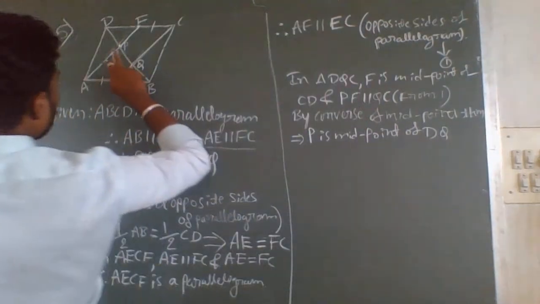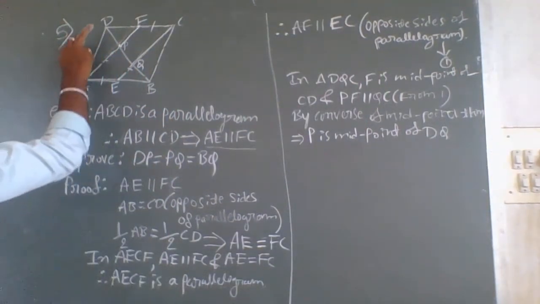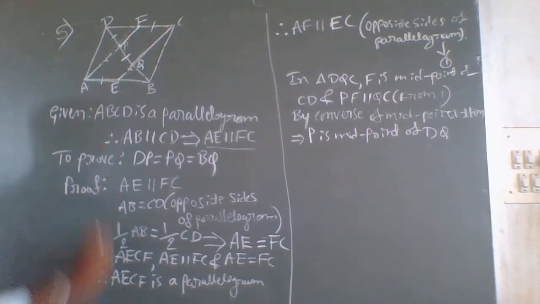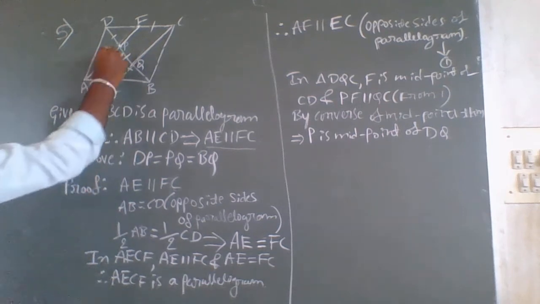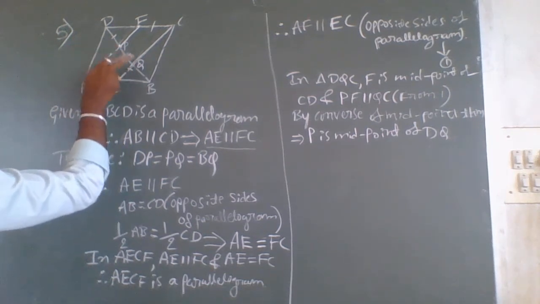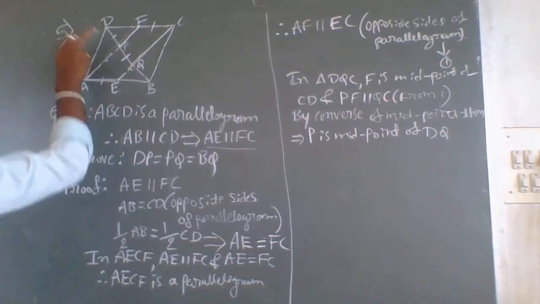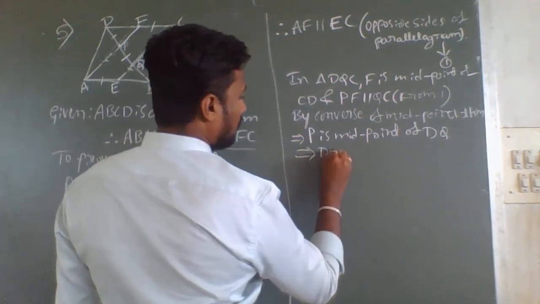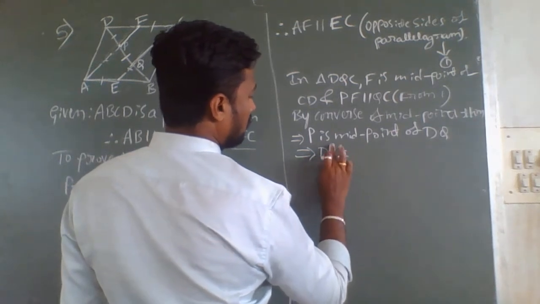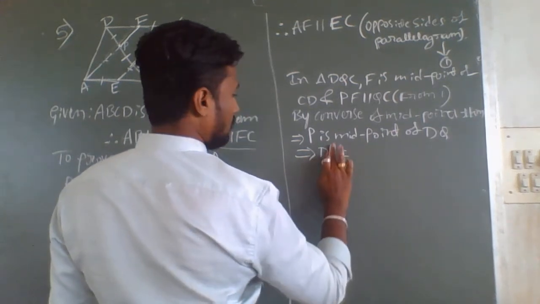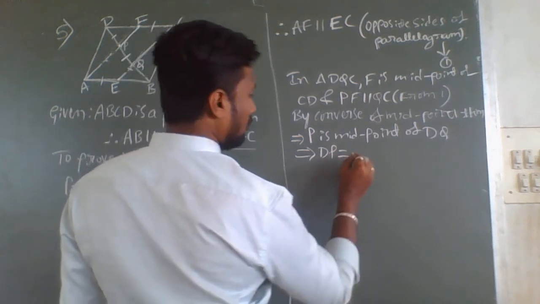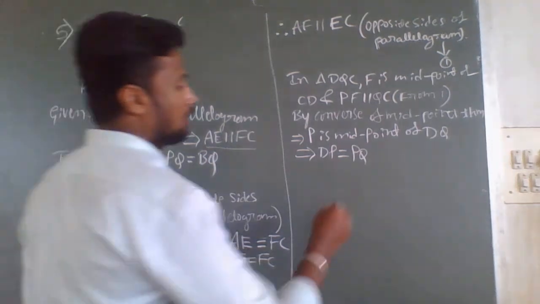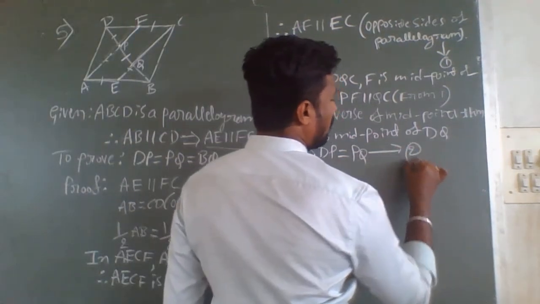If P is the midpoint of DQ, then DP is equal to PQ. Therefore, we can write DP is equal to PQ. Now I will consider this as 2.